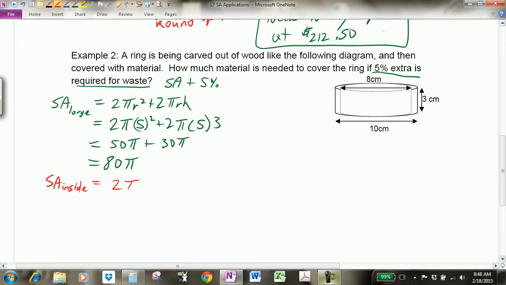Then find the surface area of the inside cylinder, which has a different radius.